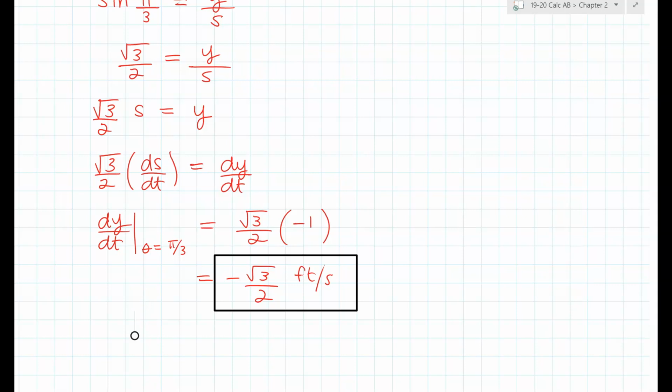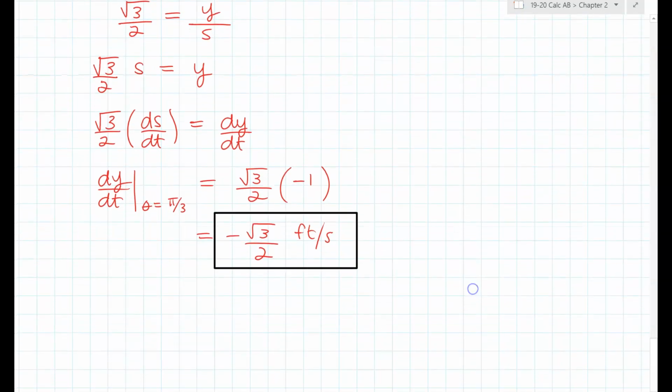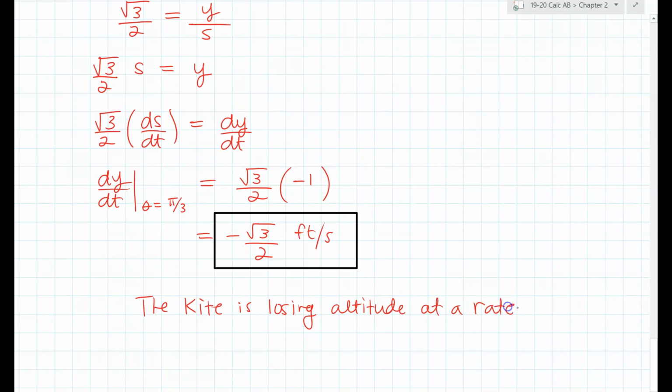So we just want to write down a sentence for the question. How fast is the kite losing altitude? Well, the kite is losing altitude at a rate of radical 3/2 feet per second.